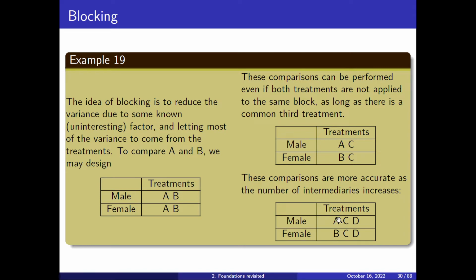And you may think of these blocks as male-female, but you can also have, I don't know, the day of the experiment, so that in principle the mechanism of action is the same.